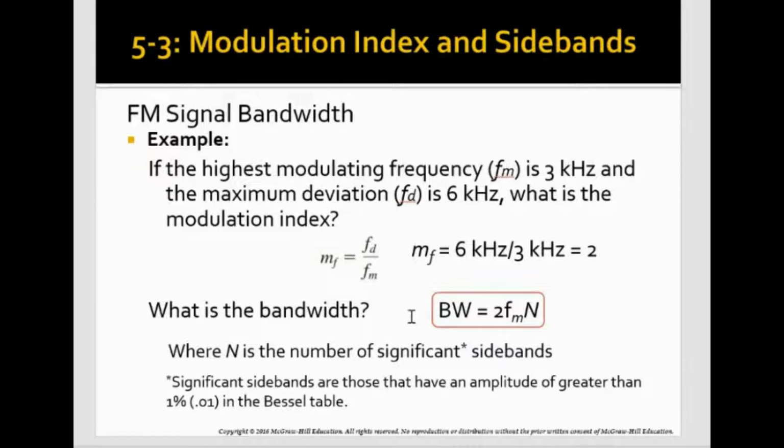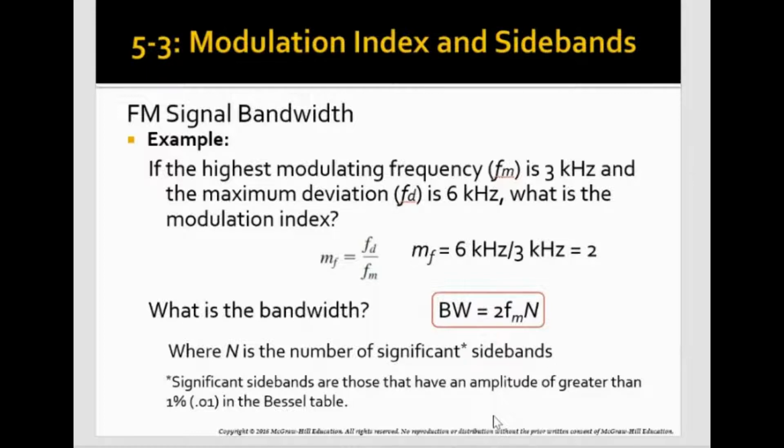The bandwidth equation is: 2 times FM times N. FM is the maximum frequency of the modulating signal. N is the number of significant sidebands, which we need to refer to the Bessel table or Bessel function.